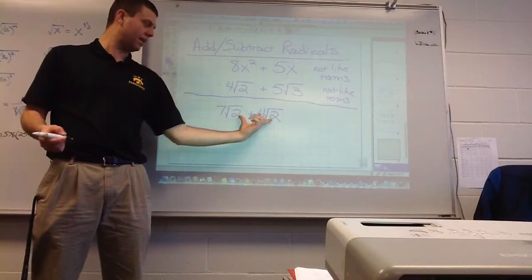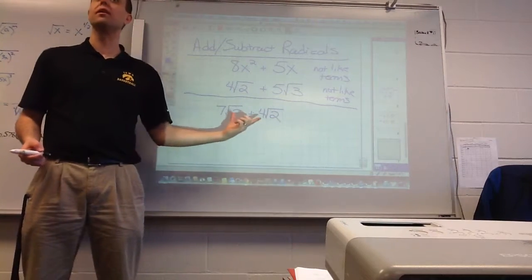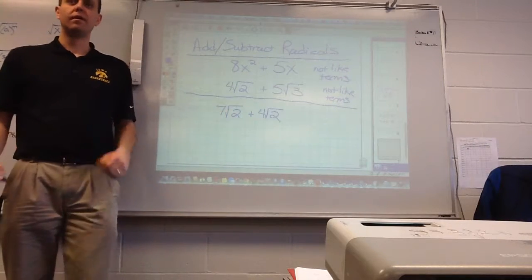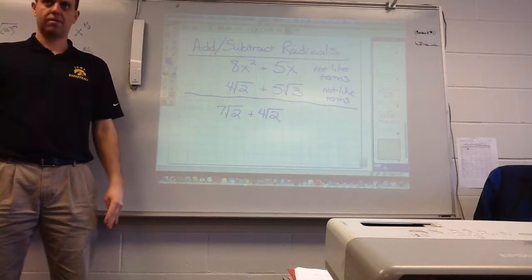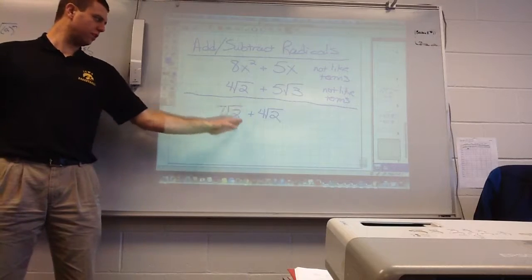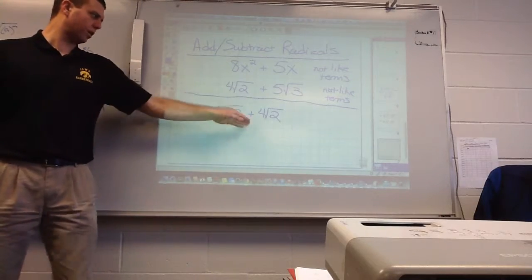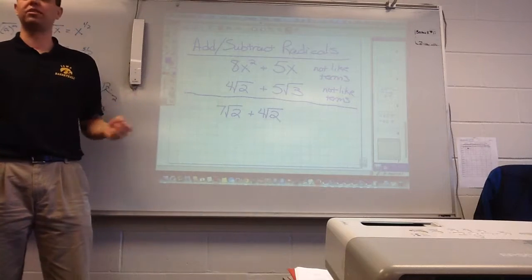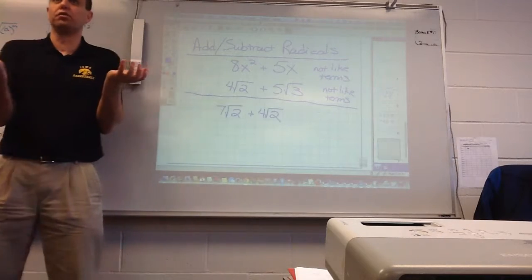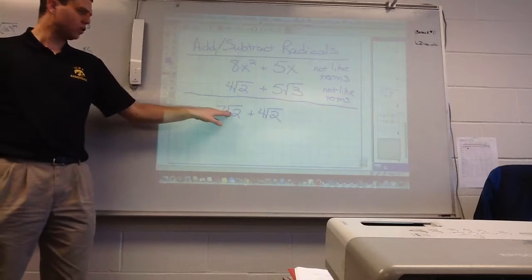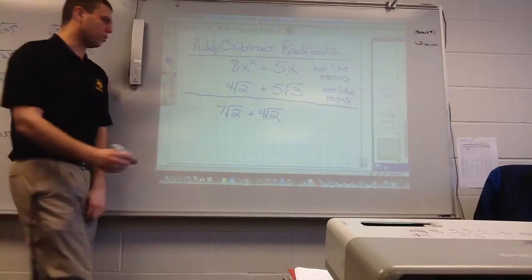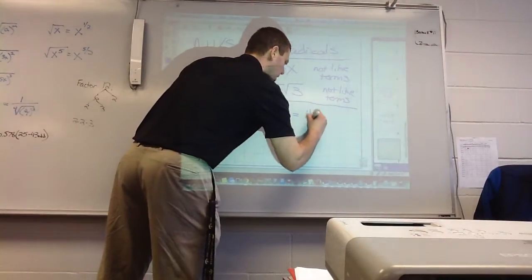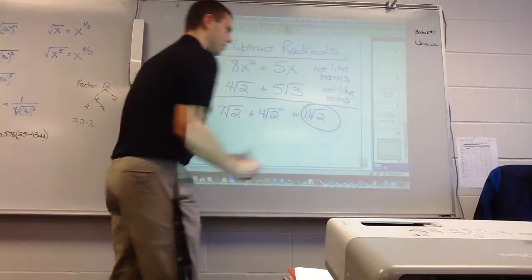You don't add the 2 and the 2 together. Basically just think of the radical 2 as an x. 7x plus 4x would make 11x, but in this case, the x is a square root of 2.